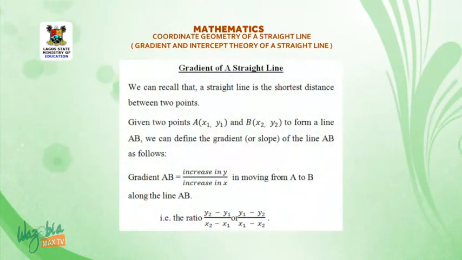We can recall that a straight line is the shortest distance between 2 points. Given 2 points A, coordinates (x1, y1), and B, coordinates (x2, y2), to form a line AB, we can define the gradient or slope of the line AB as follows.